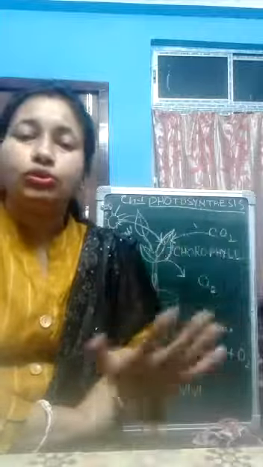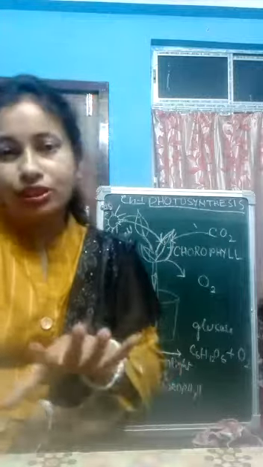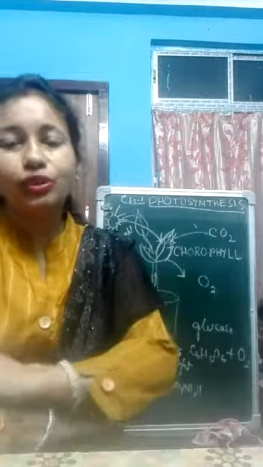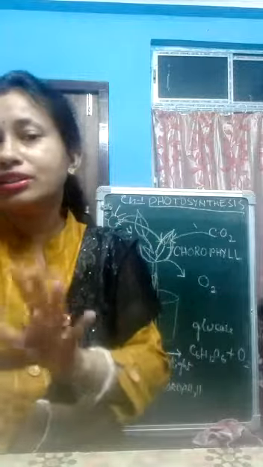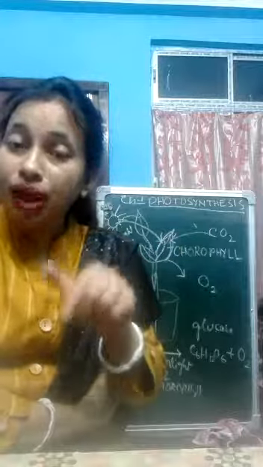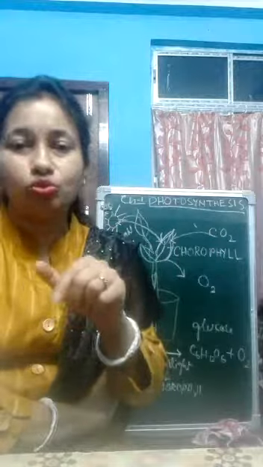So, we will discuss autotrophic nutrition today. As I told you just now, autotrophic nutrition is the nutrition in which the organism makes its own food. So, plants are autotrophs and they make their own food.